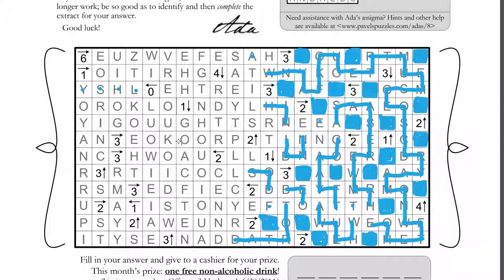If that went to the right, that would have to go to the left. That would have to go to the left. That would have to go to the left. I keep thinking, oh, that's going to make a loop here, but not necessarily. They could both come out this direction.